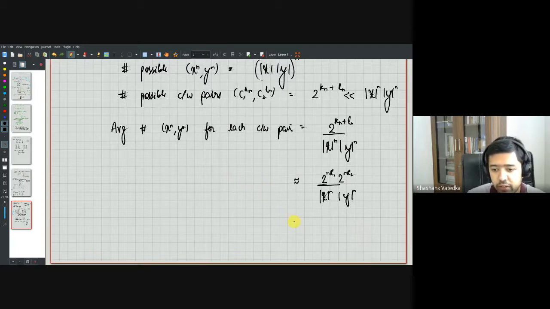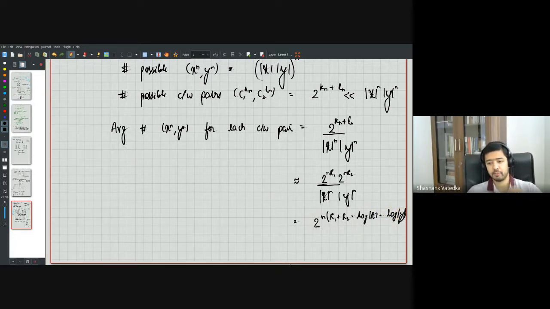Or this is essentially equal to 2 to the n times R1 plus R2 minus log size of X minus log size of Y. And what we're aiming for is something where R1 and R2 are much smaller than log size of X and log size of Y. And we'll see that even with this, it's actually possible to achieve vanishingly small probability of error. So let us now see what the decoder is to do.